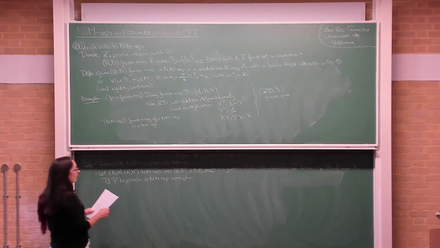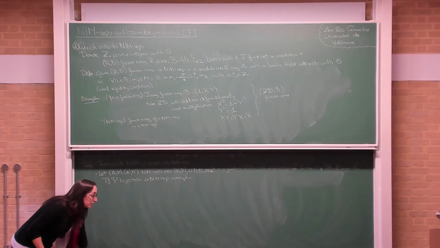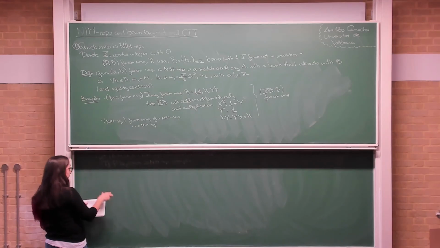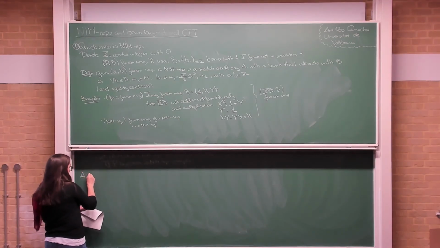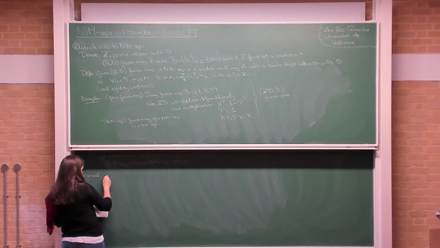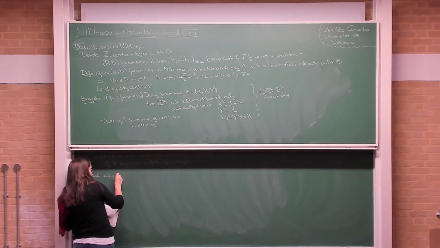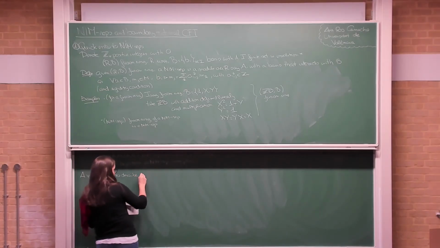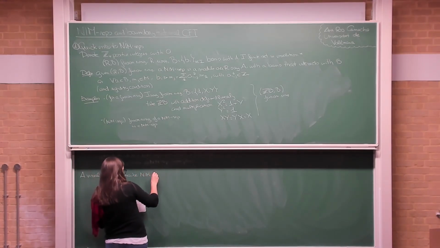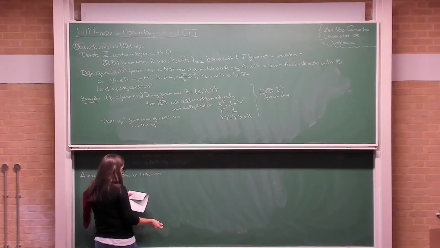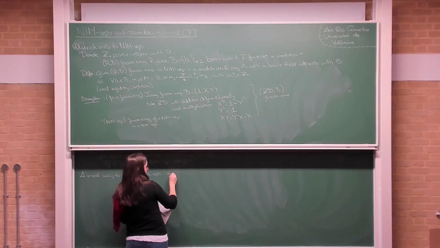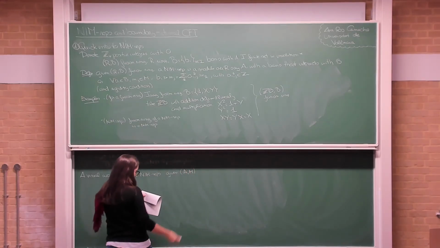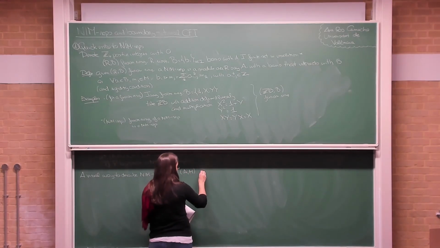Okay, let me just introduce some visual language for this. Suppose you have an NIM-rep, of course, over some fusion ring.